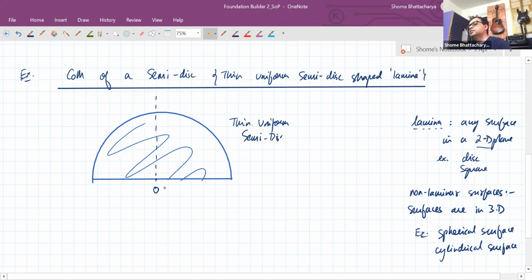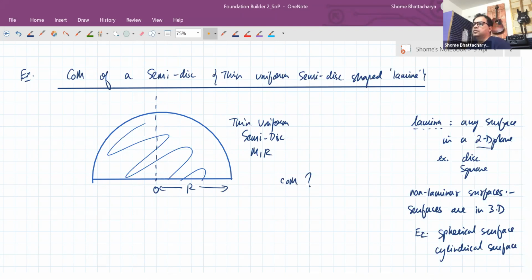So this radius here is r. Now we want to find the position of the center of mass. Once again, one thing you can identify here is that the y-axis is an axis of symmetry. So the center of mass will have to lie on the y-axis.